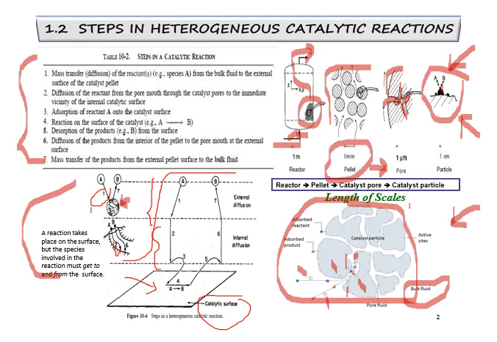So the elaboration is, number 1 is the diffusion of the reactants from the bulk fluid to the external surface of the catalyst pellet or catalyst.